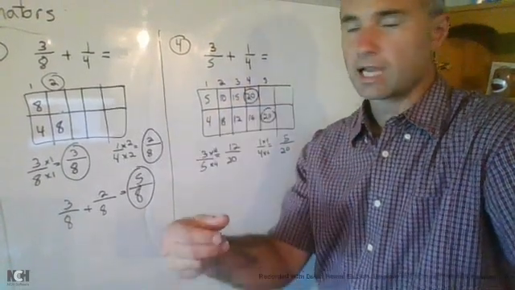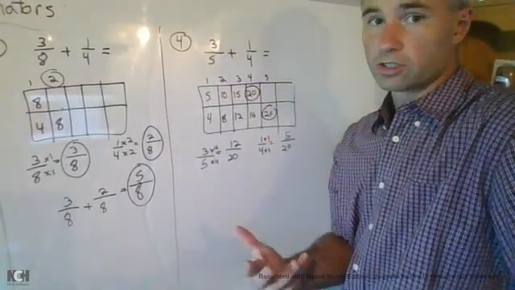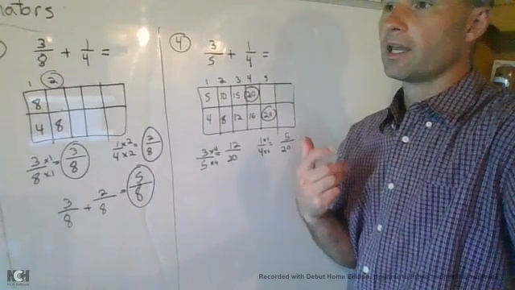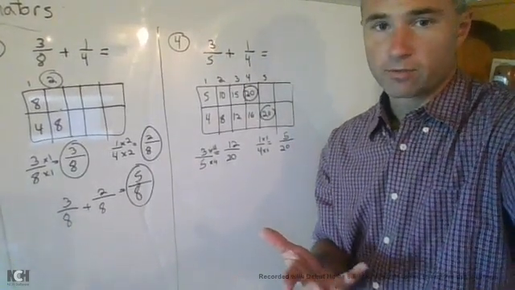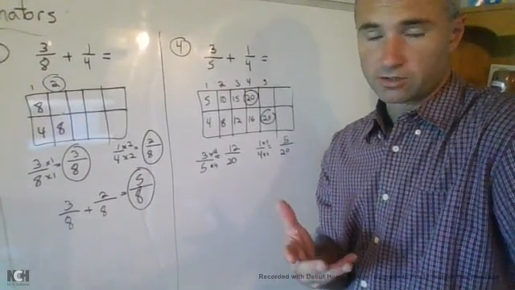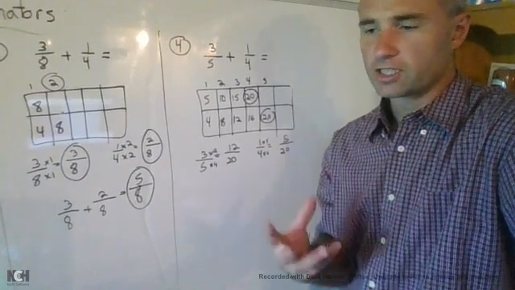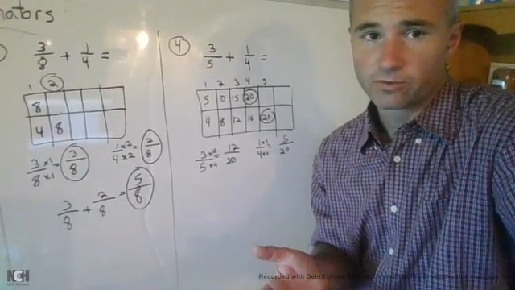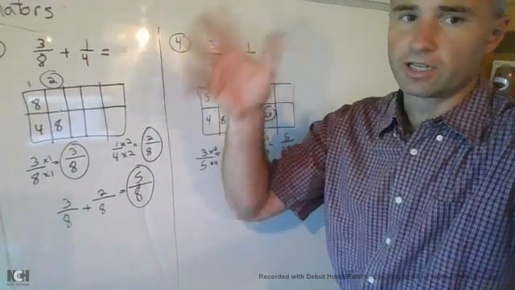Because you've taken the time to write it out so much this year. And then you're having this extra practice over the summer to prepare you for 6th grade. Maybe it's already happened sometimes for you, maybe you just look at 8 and 4 and say, oh yeah, common denominator is 8.